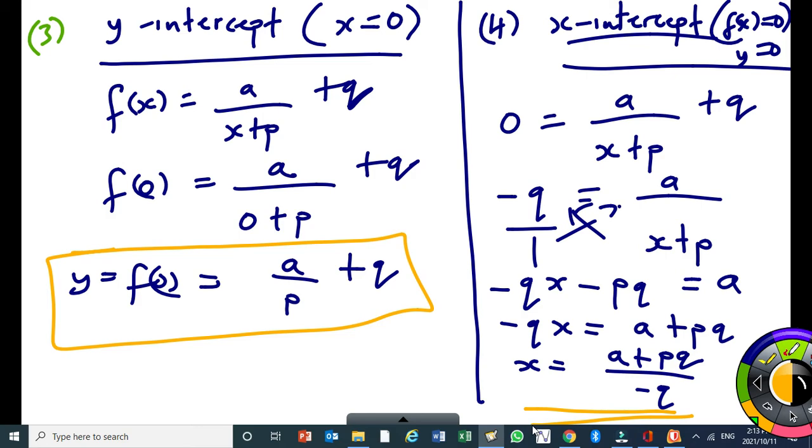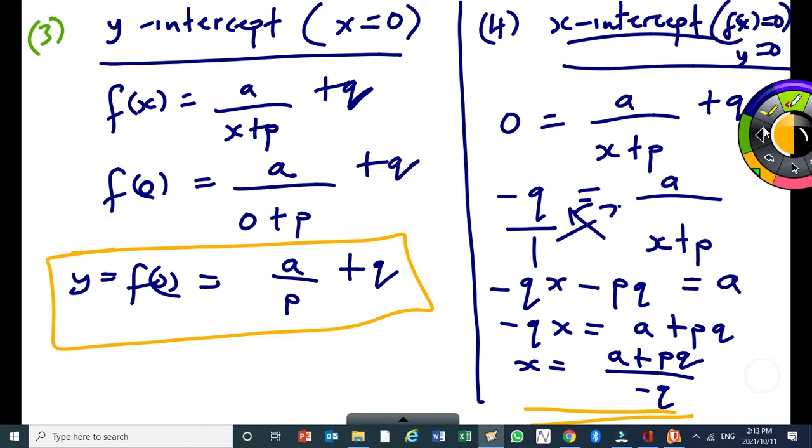When you get a question, you have values for a, p, and q, and y. You just substitute those values, then you simplify. You can manage to memorize that x equals a plus pq over minus q. That's fine, but I don't encourage you to memorize that because otherwise someone might think this is so complicated. It's not.